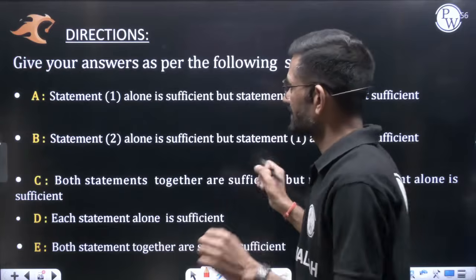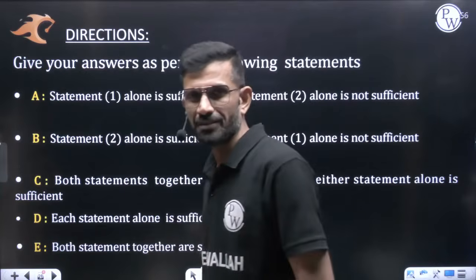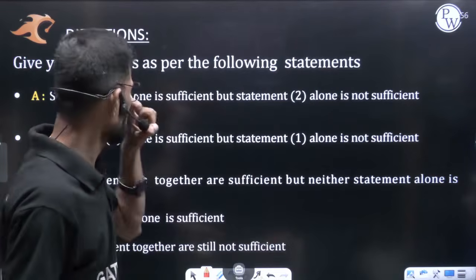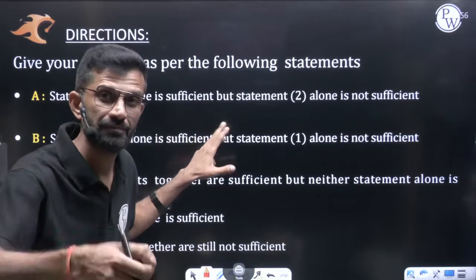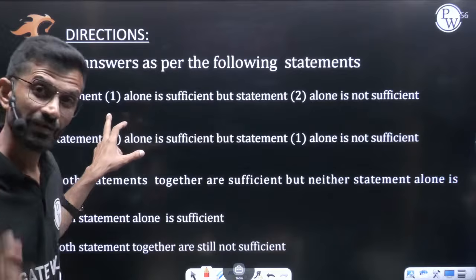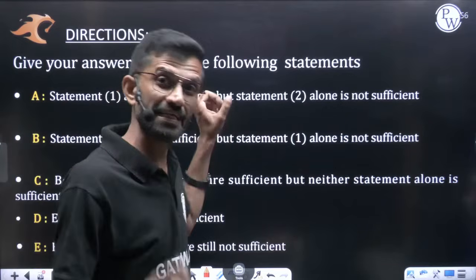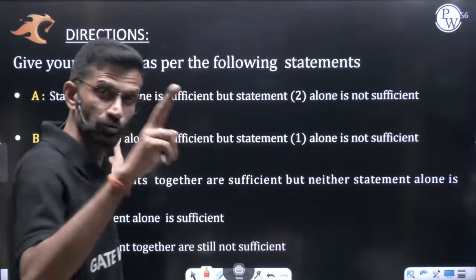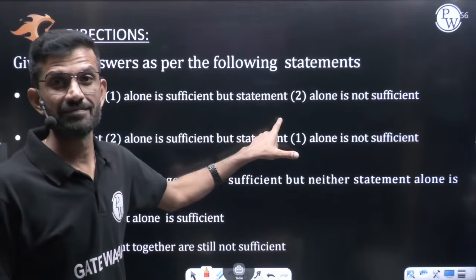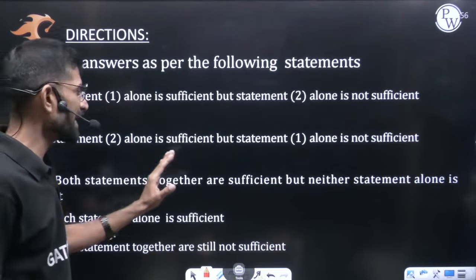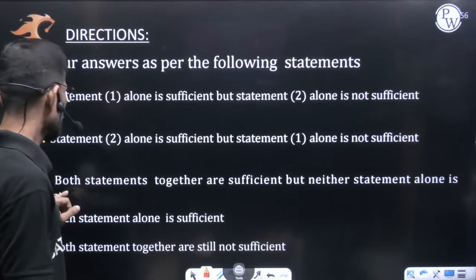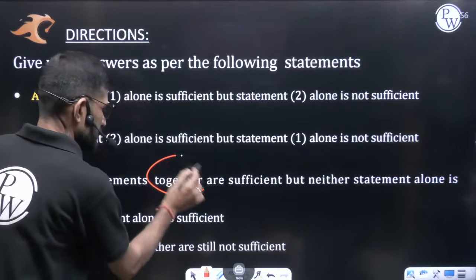You can see here we have given you 5 options. Statement 1 alone is sufficient, but not the 2 alone: then select option A. Statement 2 is sufficient, but not the 1 alone: then option B. Statements 1 and 2, both the statements together, are sufficient: then option C.